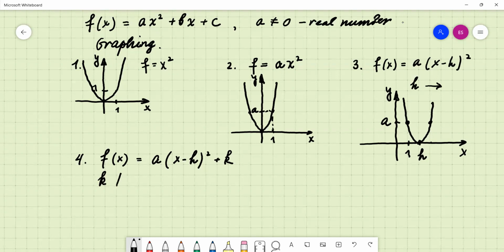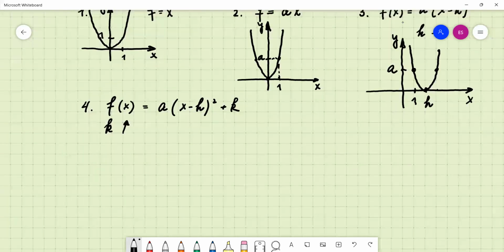So we are going to shift it k units up. Besides k units up, we are going to have h units to the right, and we are going to stretch a units along the y-axis. I'm going to write down y-axis stretch.